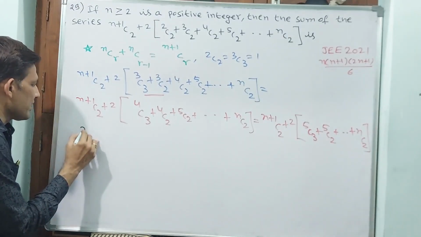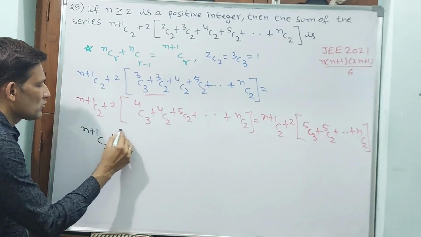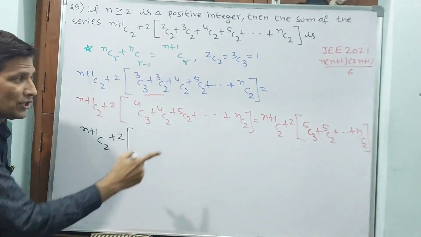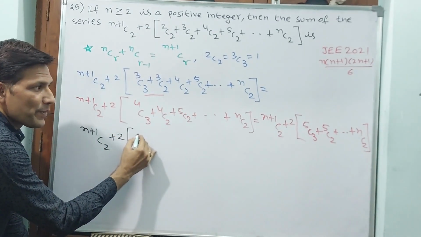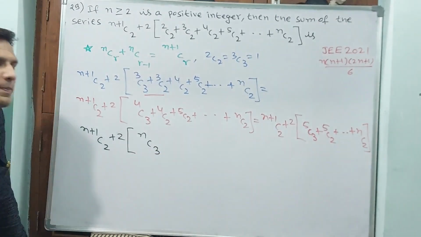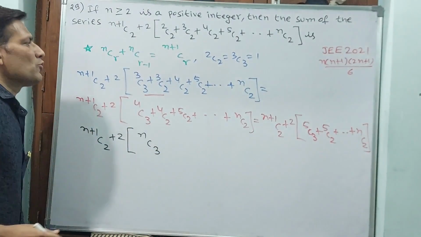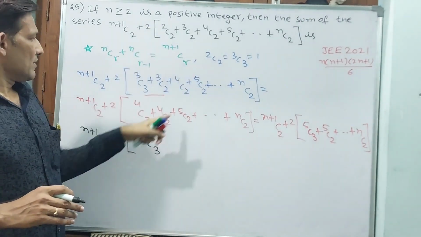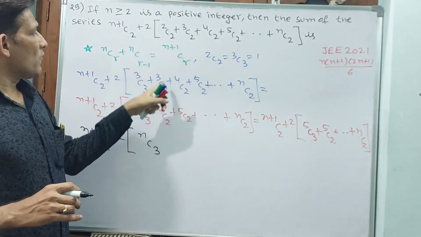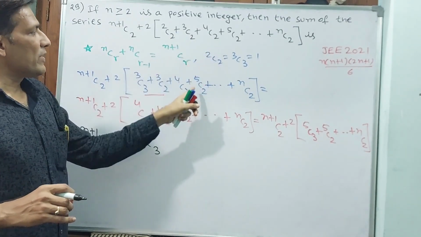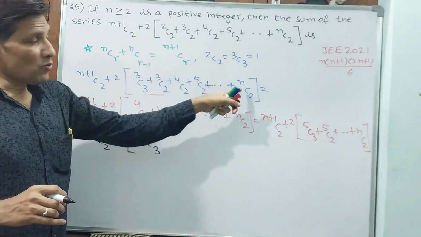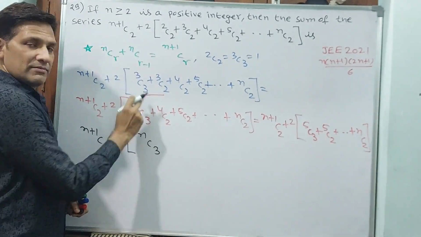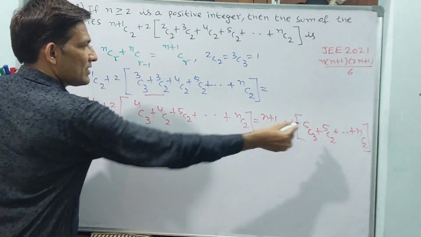Now at one go I am writing (n+1)C2 plus 2 times, this goes up to nC3. We don't know the value of n, so why have I written n? Because 2 has become 3, 3 has become 4, 4 has become 5, 5 has become 6. Up to n it goes, nC3. This r is not going to change, plus nC2, the final term.